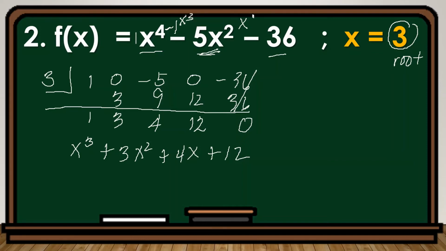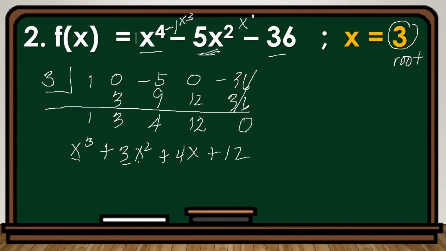Let's see which 2 terms can be grouped here for us to come up with factors. Looking at the given, we have x cubed here and 3x squared. There is a common factor, which is x squared. We can also consider 4x and 12 because there is a common factor, which is 4.